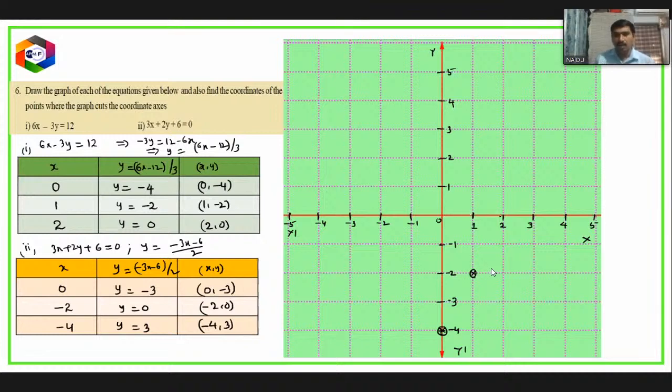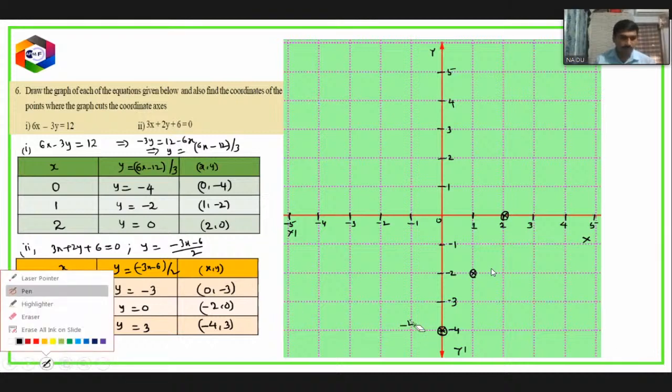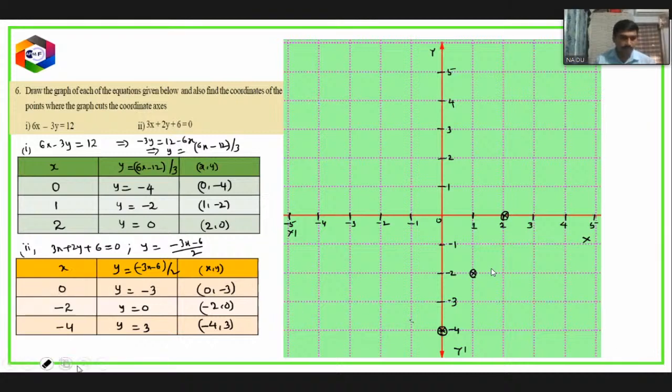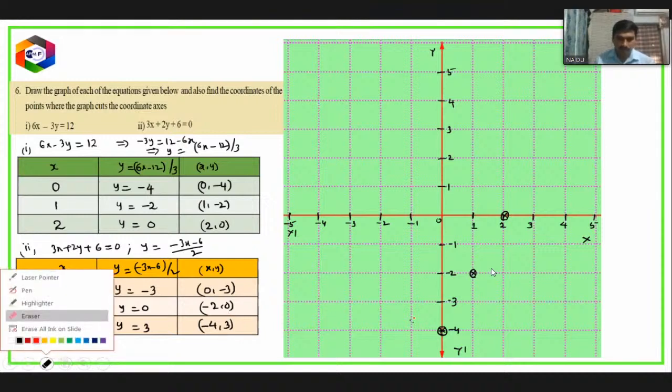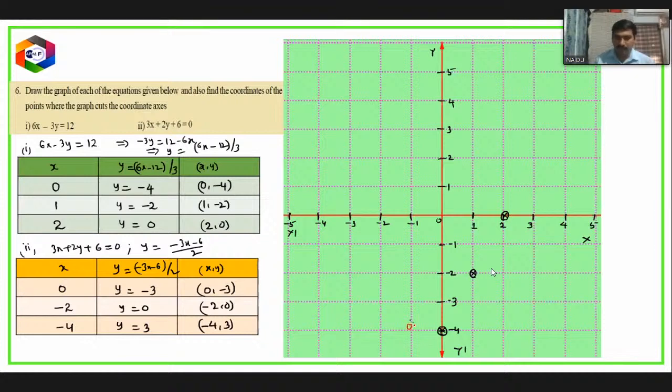So this point is 0 comma minus 4, this is 1 comma minus 2, and this is 2 comma 0.